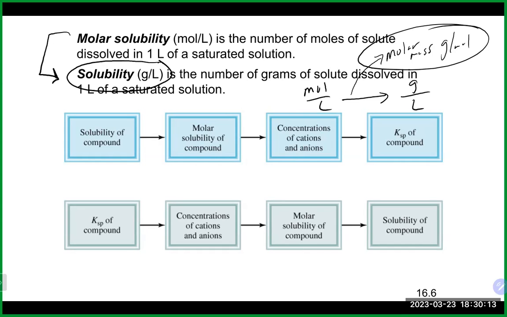Now, one type of solubility problem is one where you're asked to calculate what the KSP is. In that situation, you would find the solubility of the compound, basically the molar solubility of it. You would find the molar solubility of the ions, put it into the KSP expression, and solve for the value of KSP.